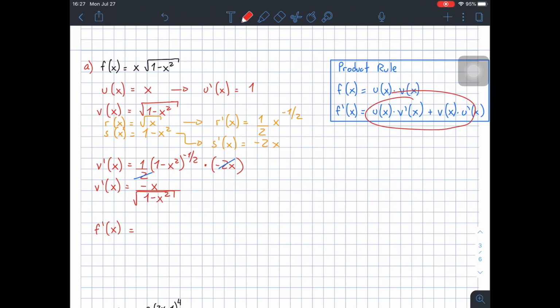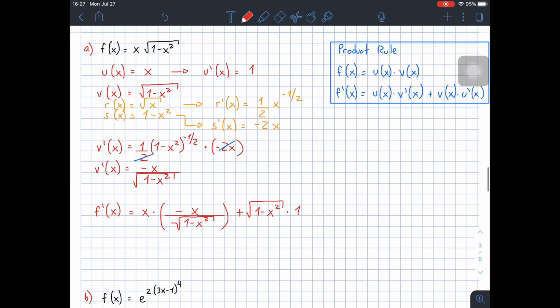So it says function u, which is x, times the derivative of v, which is what we just found here, so times all of this, which is negative x over the square root of 1 minus x squared, plus v, function v original, which is the square root of 1 minus x squared, times u prime of x, which is 1. Okay? Finally, if I simplify all of this, I will get my final result.